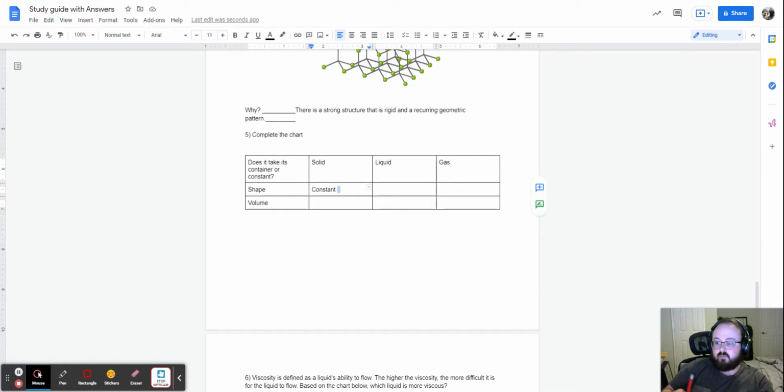As for volume, this pen has the same volume. It takes up the same amount of space no matter which way I hold it. So how much space it takes up is going to stay the same unless I snapped it in half, but that again takes a lot of effort. So this is also constant.